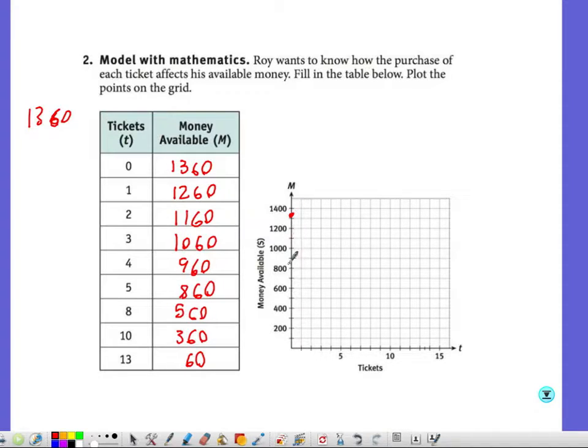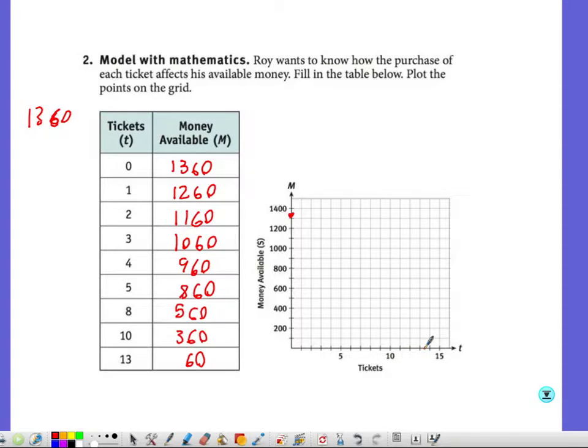So that's how much money Roy has at the beginning without buying any tickets. And once he buys 13 tickets, he's going to have $60 left. So notice on this graph, it already conveniently gives you where it's going to cross the x-axis, because this is 11, 12, 13.